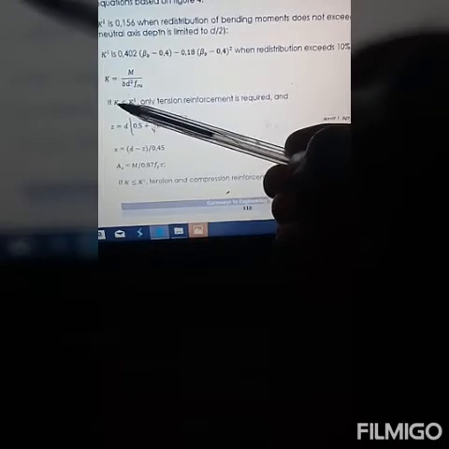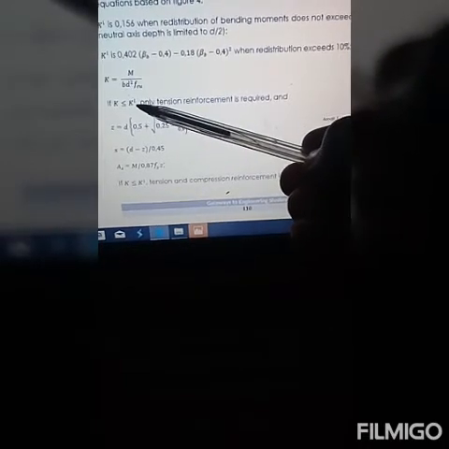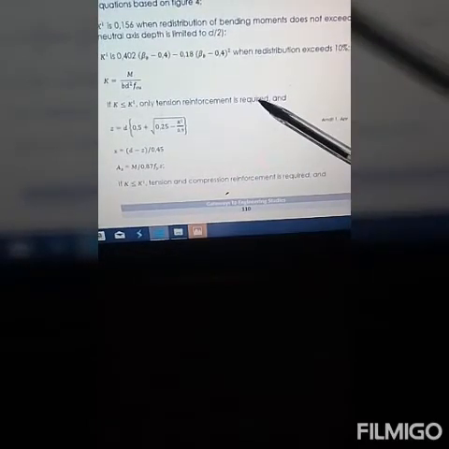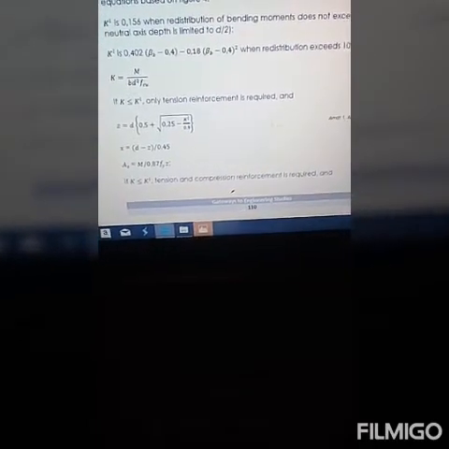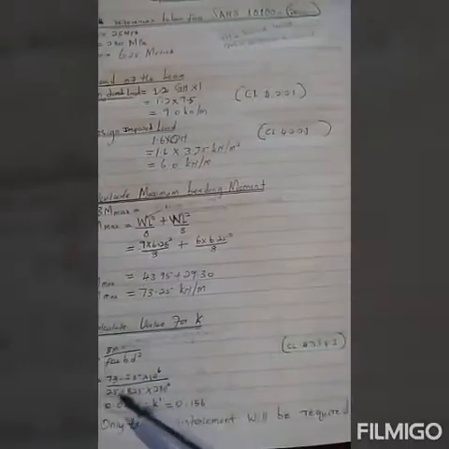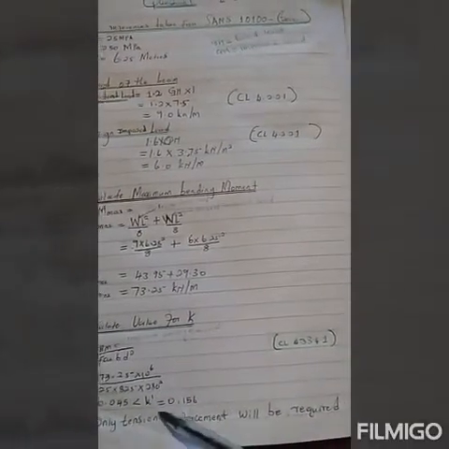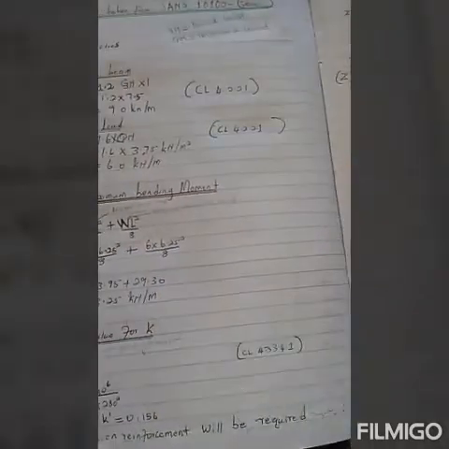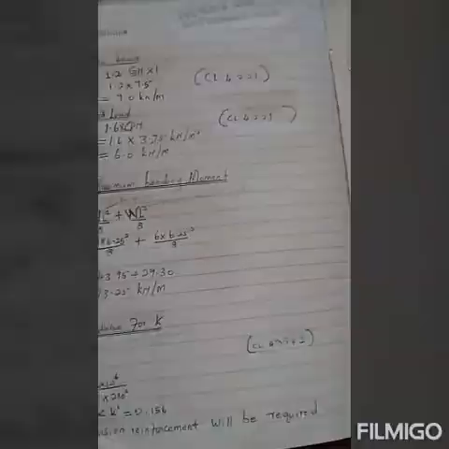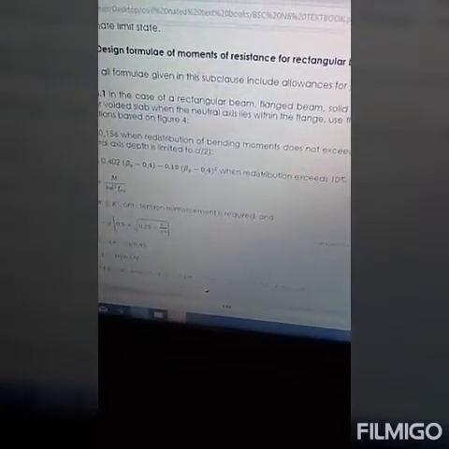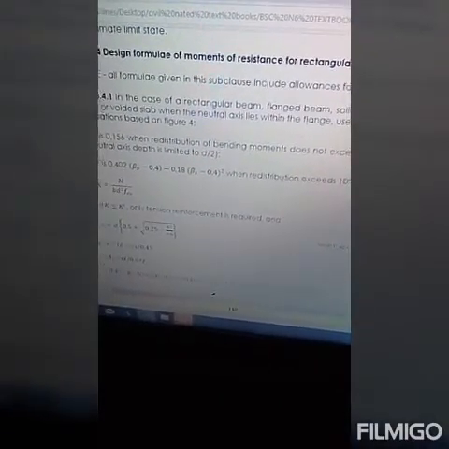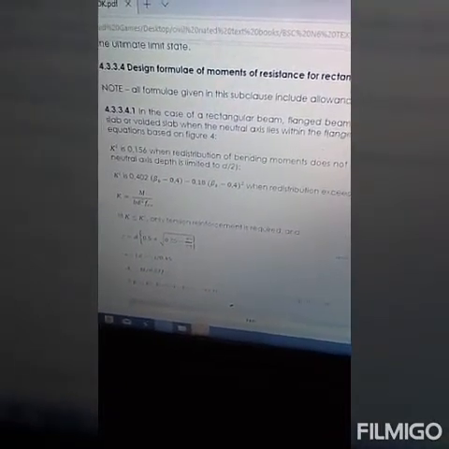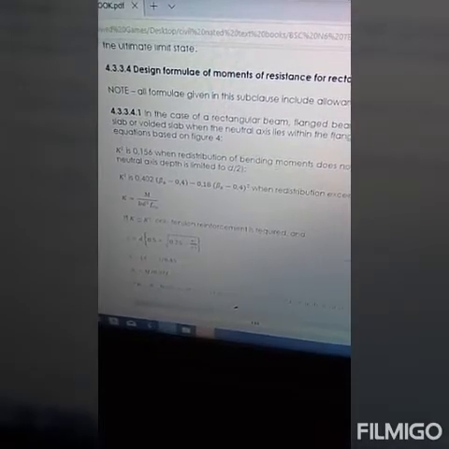If this one is less than 0.156, then only tension reinforcement will be required. This statement simply says we are going to calculate only the tension reinforcement, and the compression, no.